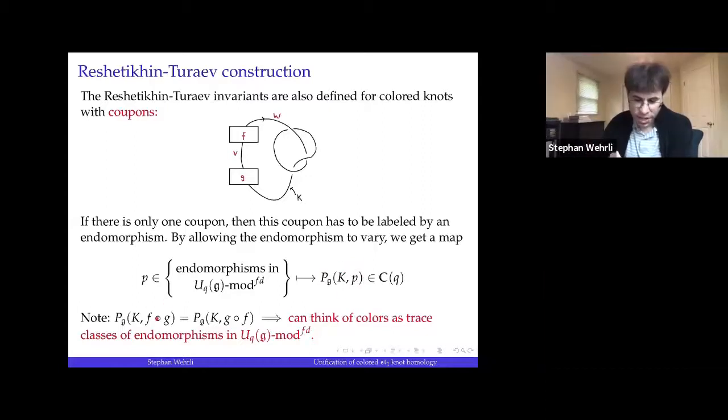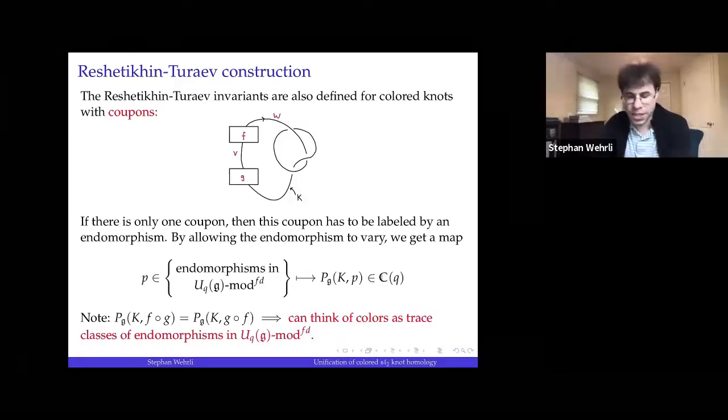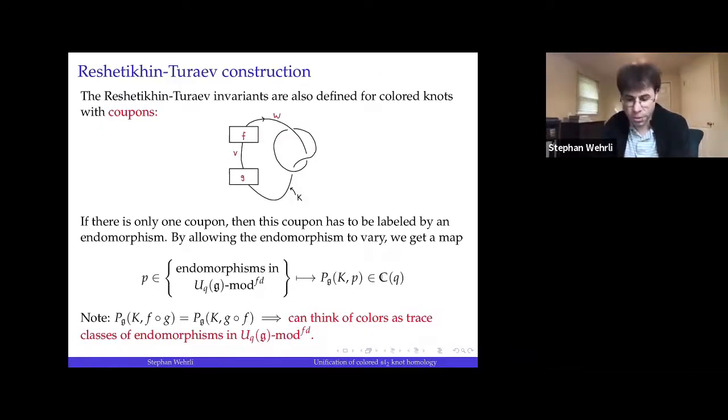So you have this relation: labeling with the endomorphism F composed with G is the same as labeling with the endomorphism G composed with F. Here F and G can be any morphisms such that the two compositions make sense. And so you can think of colors as being trace classes of endomorphisms. You can either think of colors as being representations, or you can think of them as being trace classes of endomorphisms in the finite dimensional representation category. So this is a slightly different perspective.